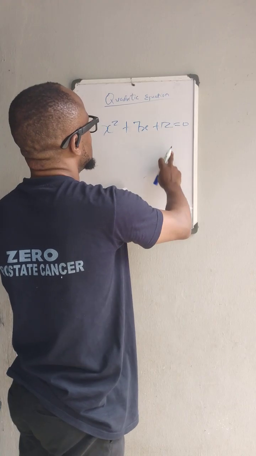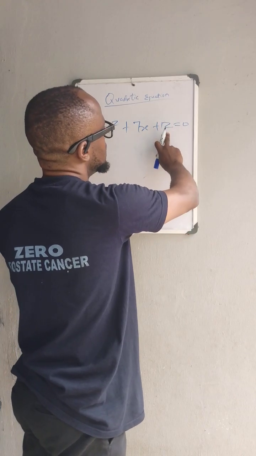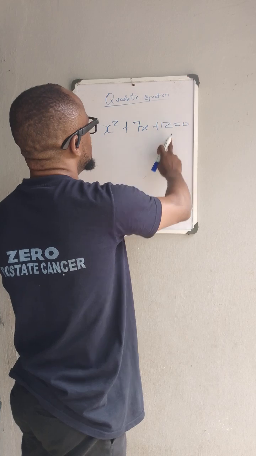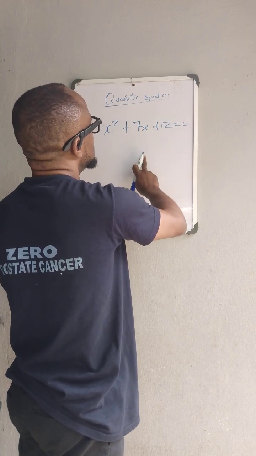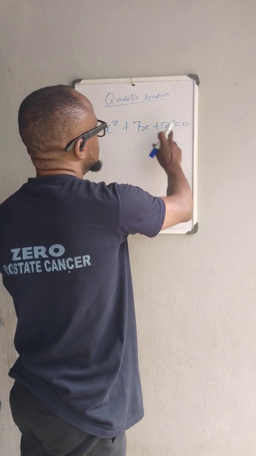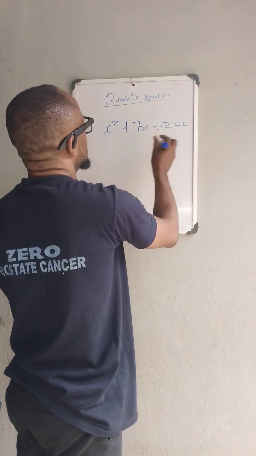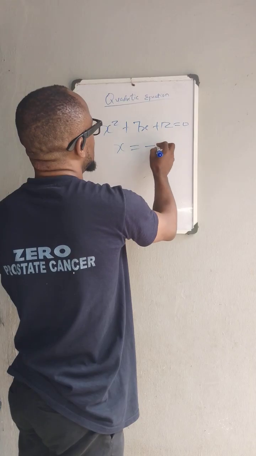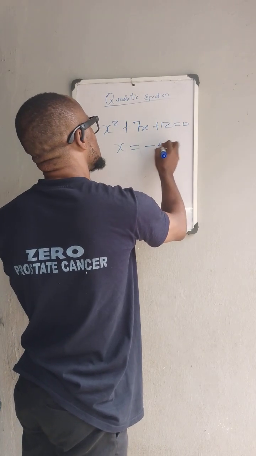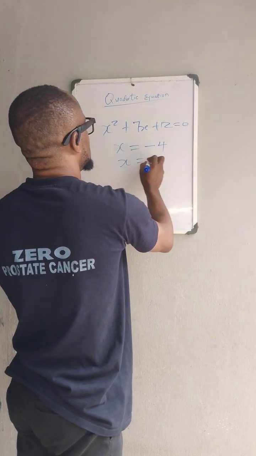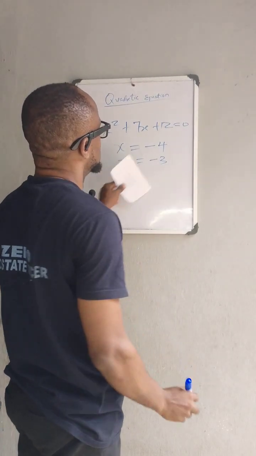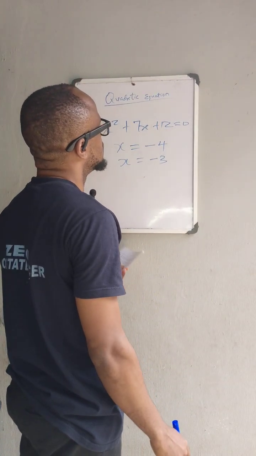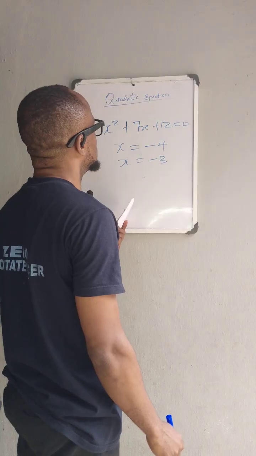What two numbers can multiply to give you 12, but when added, give you 7? It is 4 and 3. 4 times 3 is equal to 12. So your x equal to minus 4, then x equal to minus 3. This is your answer. So you don't need to expatiate before getting your answer.